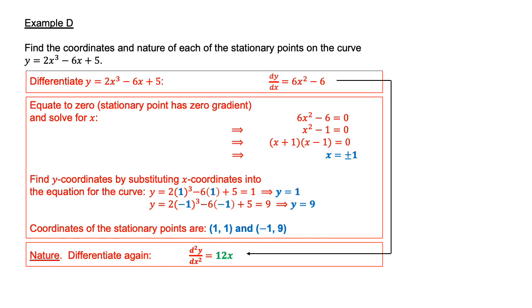And if I substitute minus 1 in, you get 9 as the output, which is the y coordinate. Now, be careful. Those numbers are attached to each other. You can't mix them up. 1 gives 1 for the y, and minus 1 gives 9 for the y. And there they are. There are the 2 coordinates of the stationary points. But now we have to determine what their nature are. So that's the next step.